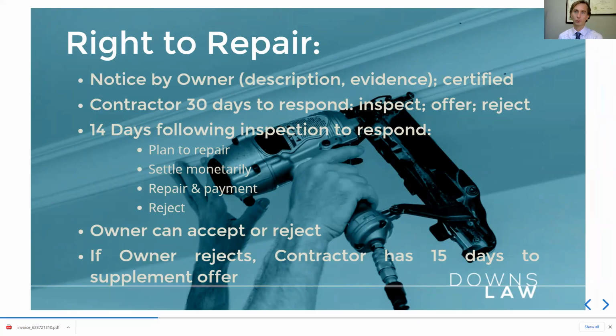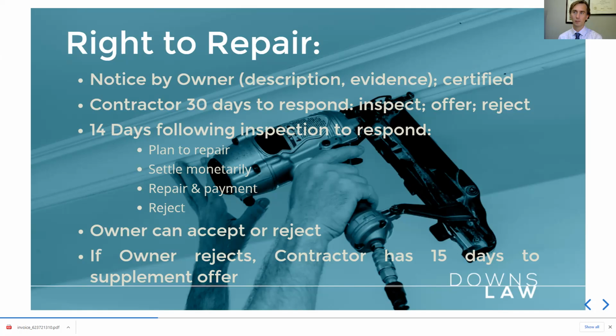So what they would do is they should send a certified letter to you as a contractor describing the problem, submitting any evidence to support it, and you would have an opportunity to then review that. So you have 30 days as a contractor to respond to that. You have the right to inspect the property if you need, in order to make a decision. As regards to the repair, you have the right to inspect.